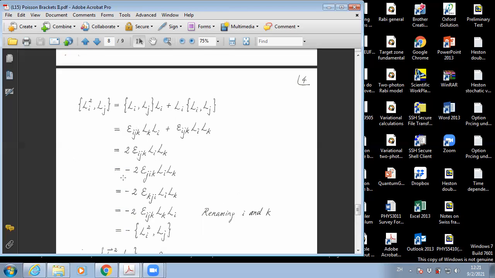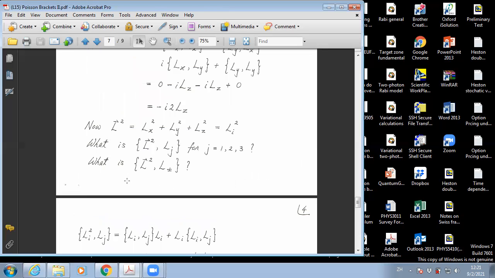So again, if you go to quantum physics later, you realize that the angular momentum will become angular momentum operators. And these angular momentum operators will obey commutation rules, very much like the Poisson brackets shown here.